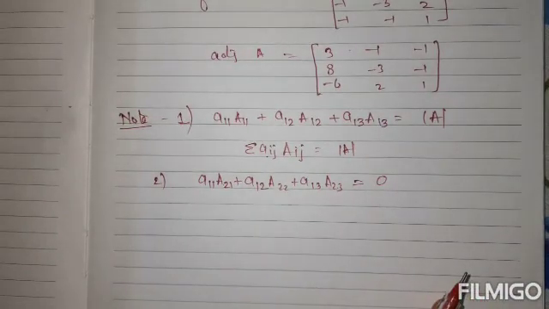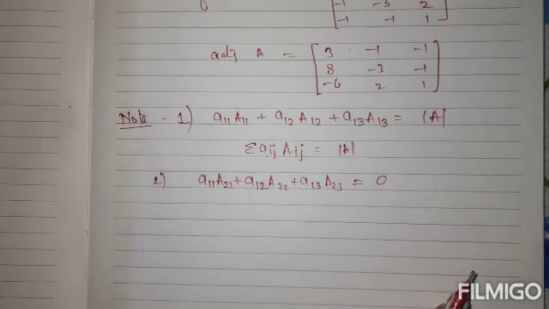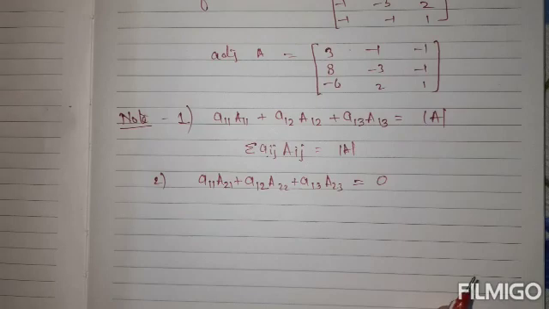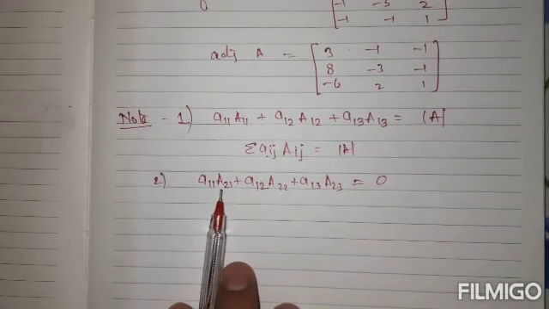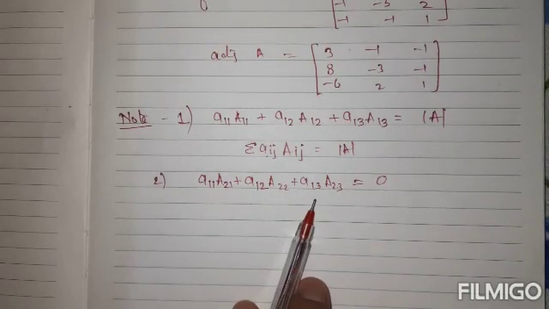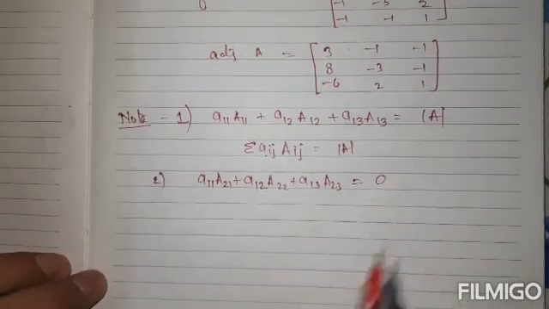It's simple. If the cofactors are multiplied with the elements of the same row or column, then you will get the value of the determinant. But if the cofactors of any row and column are multiplied with the elements of other row and column, then it is always 0.